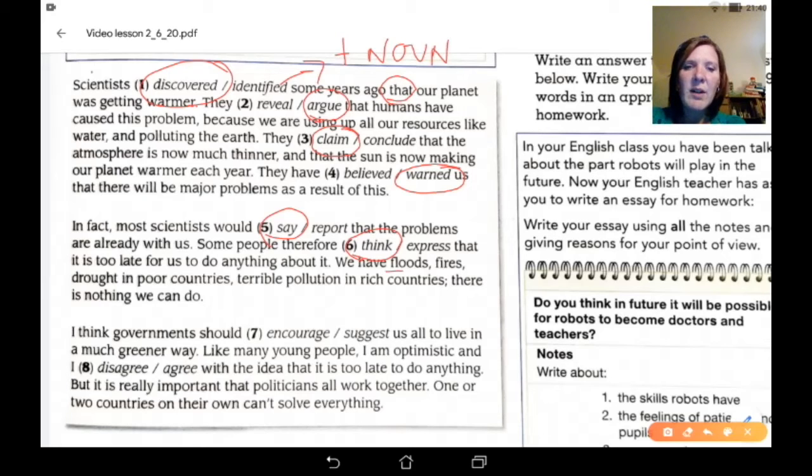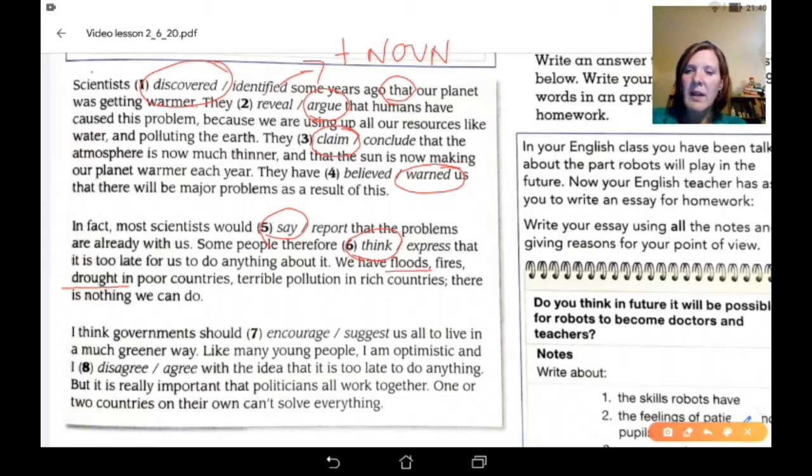So we have floods. Remember, we looked at this in the environment vocabulary. So we have floods, fires, this word drought. Remember, drought is when there is an excess of heat, a lack of water, okay, pollution, etc.